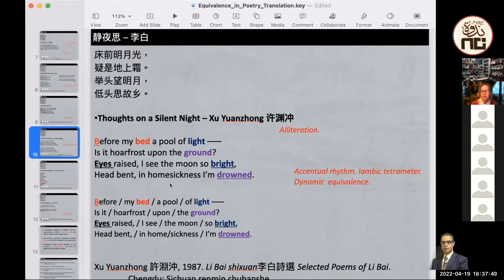Daffodils by William Wordsworth. Even William Wordsworth is the one who championed simplicity in language. He said that poetry should be written in the language spoken by men, meaning the natural language, and he did that in his poetry.